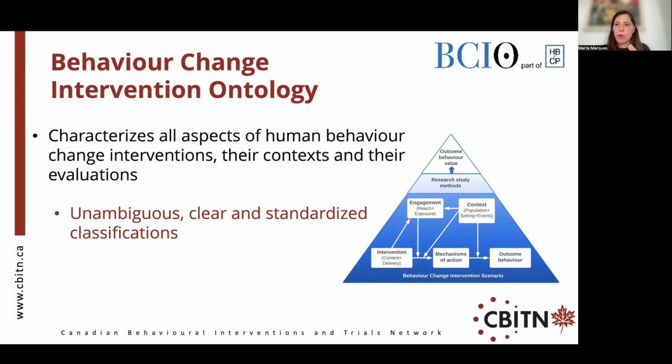And one of the aims of the project was to develop ontologies to describe all components of behavior change interventions. So it's expanding and improving the work that has been done so far with taxonomies to develop ontologies that are better in terms of formalizing knowledge. They are machine readable, so they bring some advantages in relation to the taxonomies that we used before. And if you're interested, just go to the website of the Human Behavior Change Project to get more information.